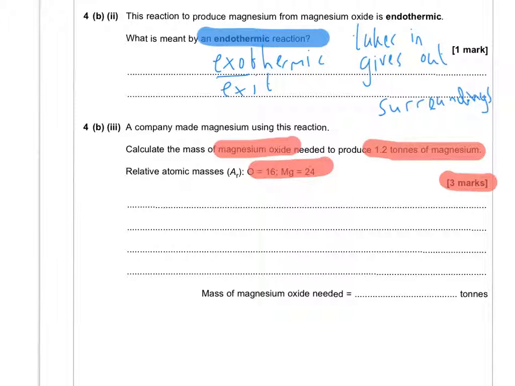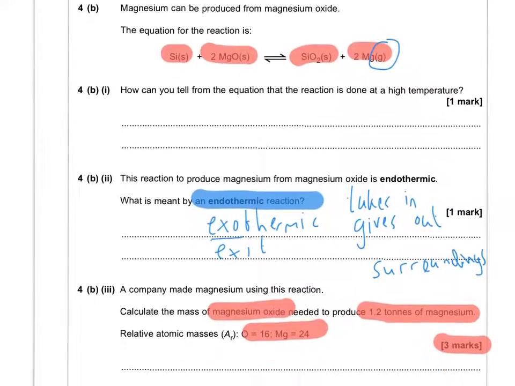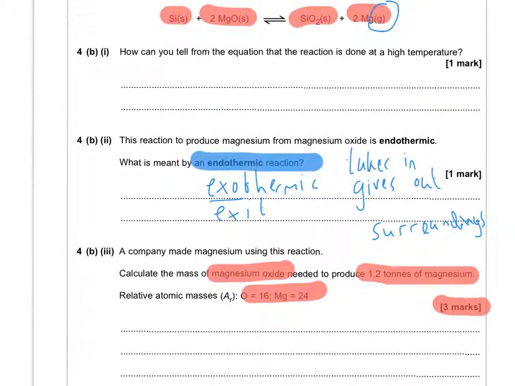So the first thing I'm going to do is just check my equation. Okay, so it's up here, and you see we've got 2 magnesium oxide, 2 moles of it, giving 2 moles of magnesium. So essentially we've got this.